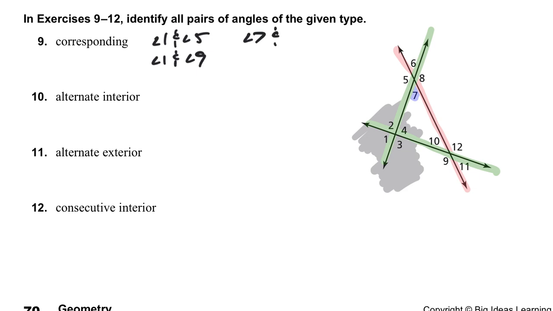So this is 7 and angle 9. And we also know that we have angle 7 and angle 3.